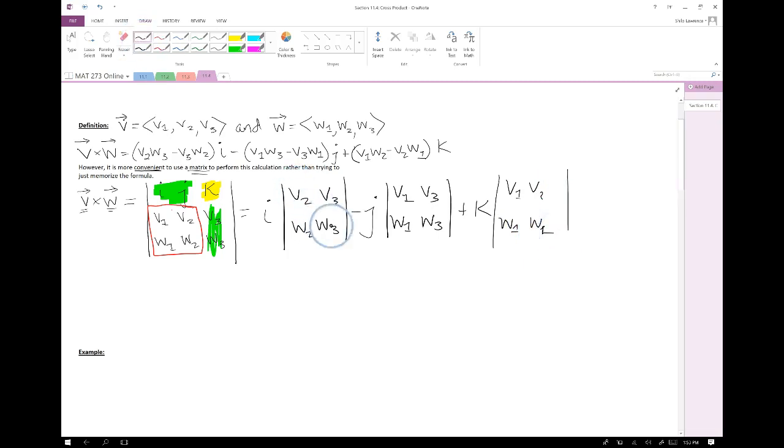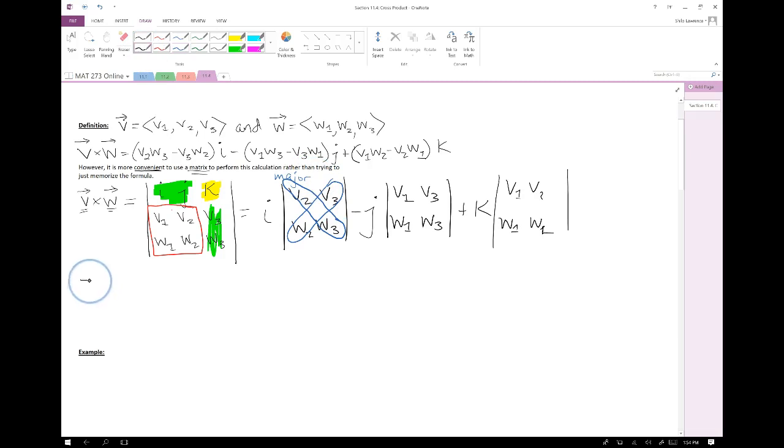So to calculate these 2 by 2 determinants, we calculate the product on the major diagonal and then subtract the product on the minor diagonal. And we're going to do that for all of them. So the major diagonal starts at the top left, and you want to do that one first.